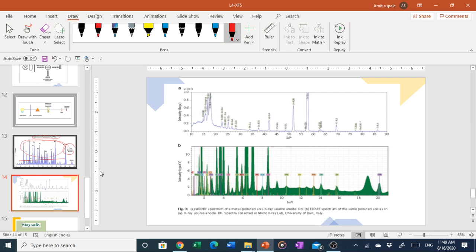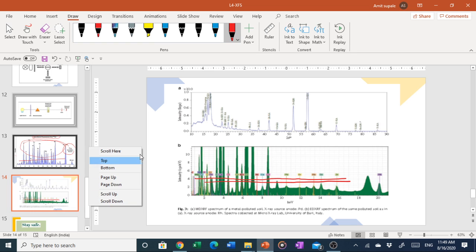I am sharing the PDF file with you where you can see the details. Okay, as it is not visible in the PPT, but this shows how different metal parameters are analyzed from soils using X-ray fluorescence techniques. This is a very widely used technique for determination of particulate matter in environmental analysis. So X-ray fluorescence can be effectively used.